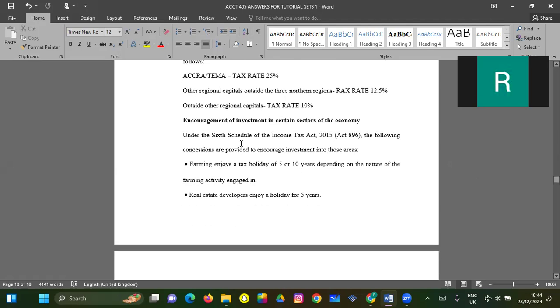Then encouragement of investment in certain sectors of the economy. So farmers, for example, enjoy tax holidays of 5 to 10 years, depending on the nature of the farming activity, right? So because of that, people will be investing in farming. Then real estate developers also enjoy a tax holiday of 5 years.